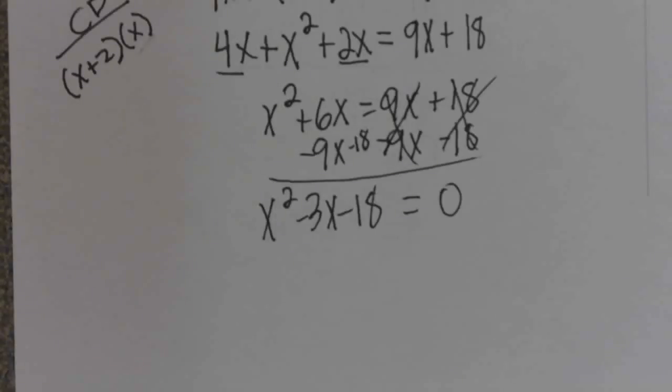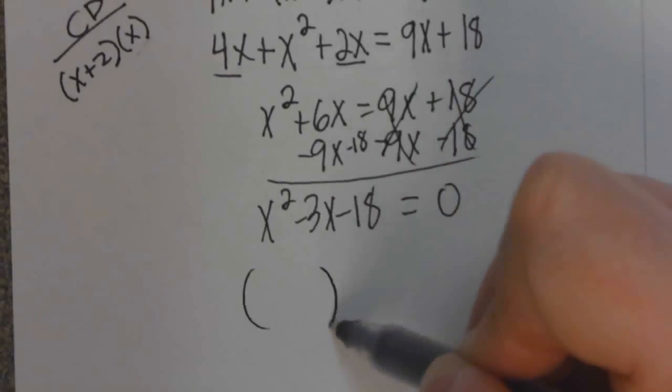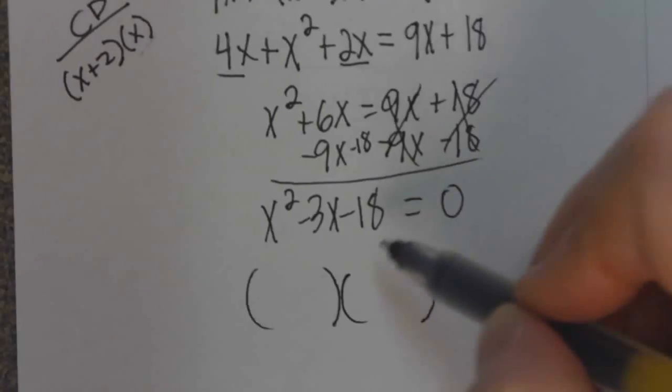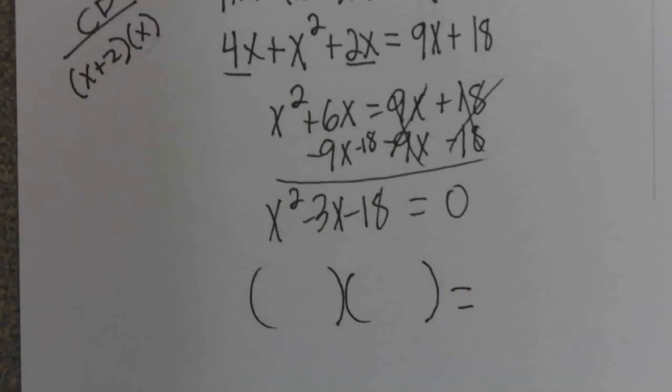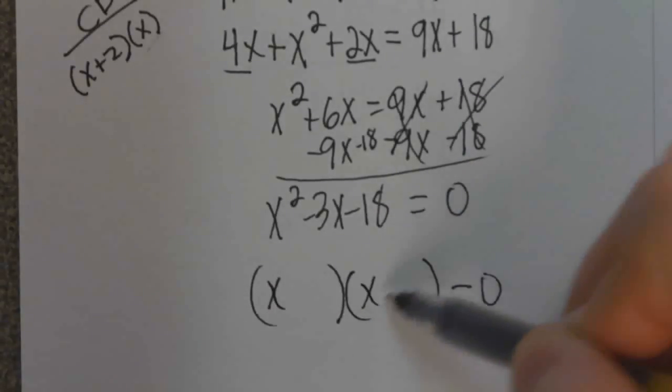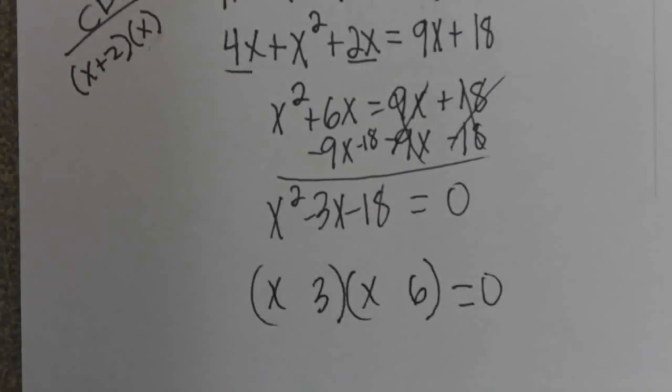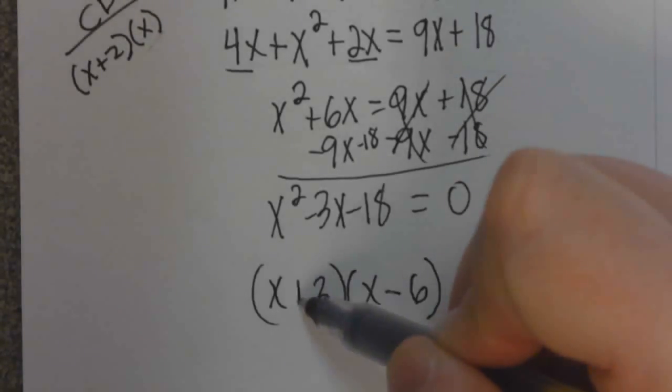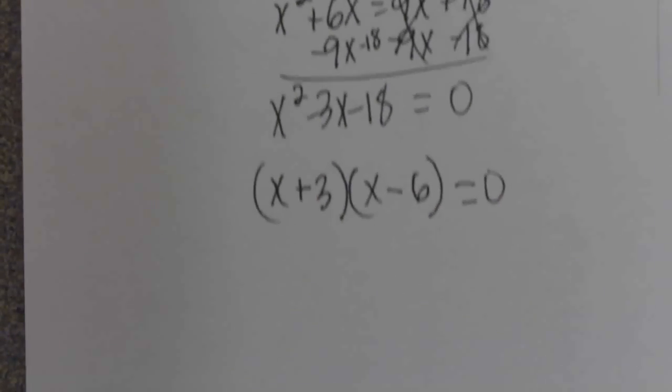How am I going to solve that? Factor it. So look to see if you can find your numbers that will multiply to a negative 18 and add to be a negative 3. 6 and 3. Which signs? Negative 6, positive 3.